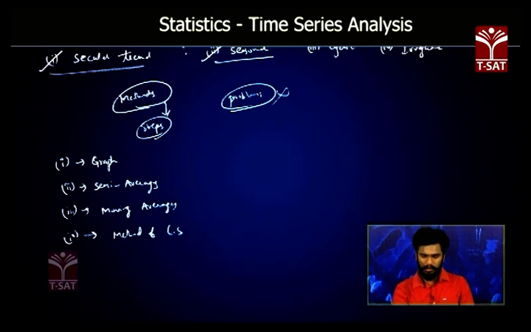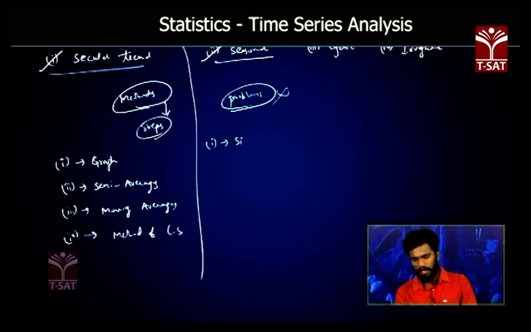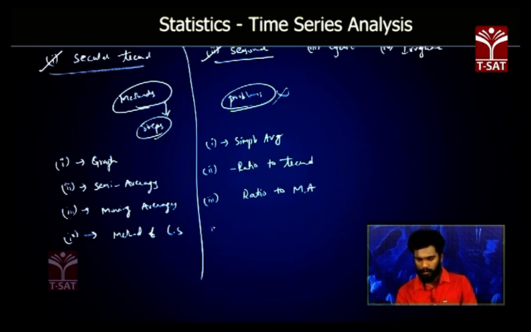When coming to seasonal variations, we have the simple averages method. Second method, ratio to trend method. Third method, ratio to moving averages method. Next one is the link relative method.